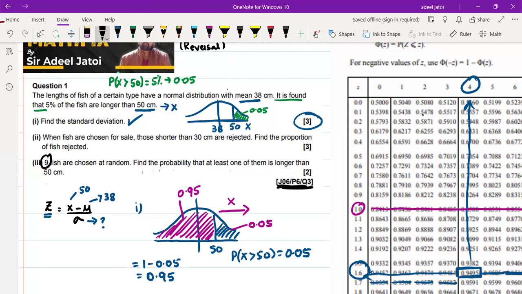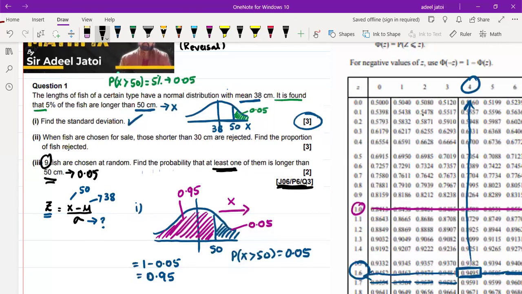At this point, you need to have at least one longer than 50. That means probability of success is greater than 50, which is 0.05. So probability less than 50 would be 0.95, which is not required. So P is 0.05 and Q is 0.95.